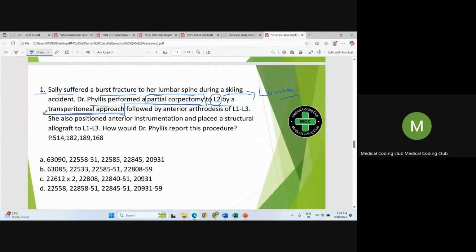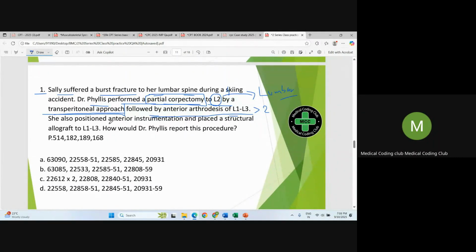Approach is also important. They did partial corpectomy to L2 by transperitoneal approach, followed by anterior arthrodesis of L1 to L3. So how many interspaces are there between L1 to L3? 2 interspaces are there.